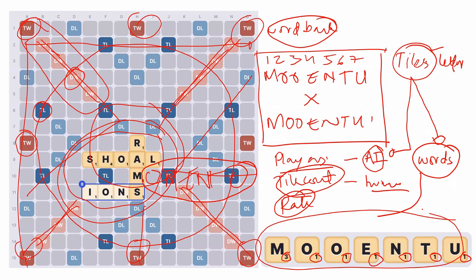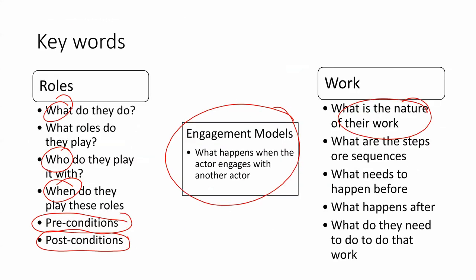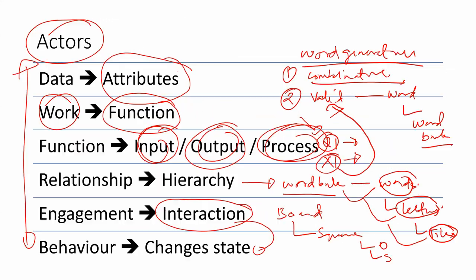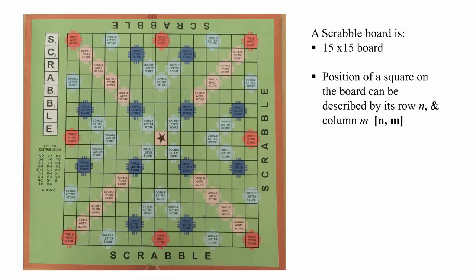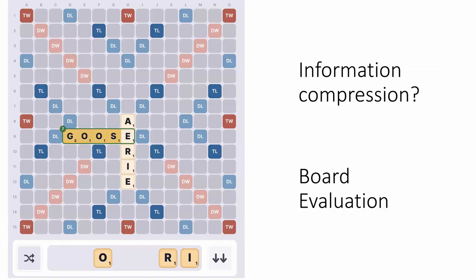So there are three words that have been placed on this board. This is one board, and इस बोर्ड के साथ आपको ये स्लेट मिली है, ये रैक मिला है। Right, this is your rack. How does this board and this slate compare with this board and this slate?